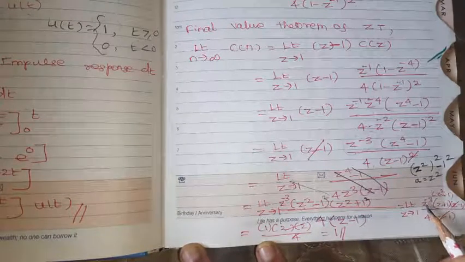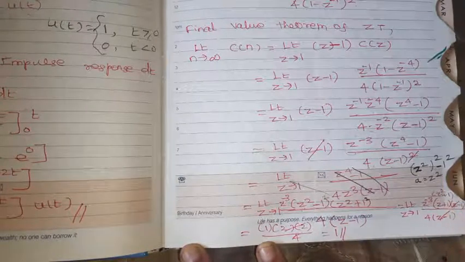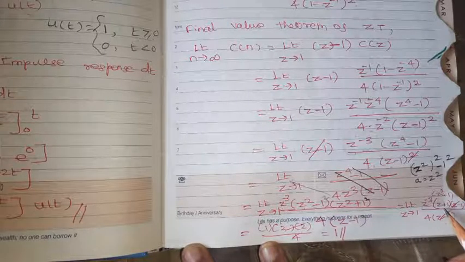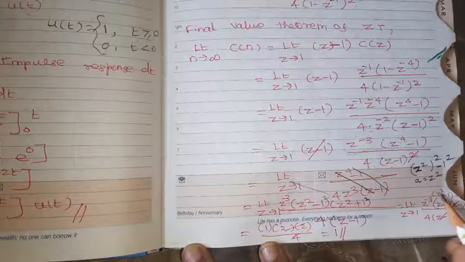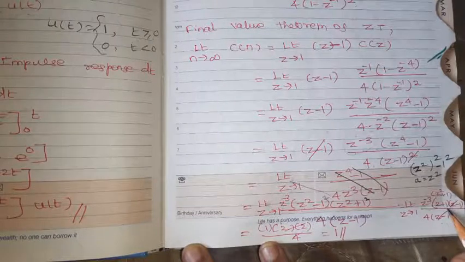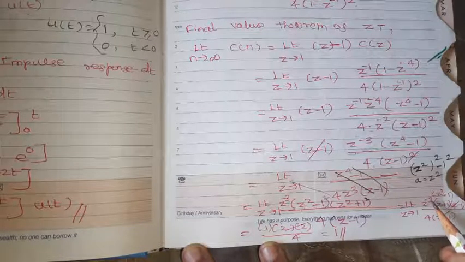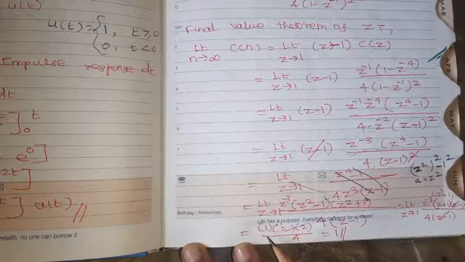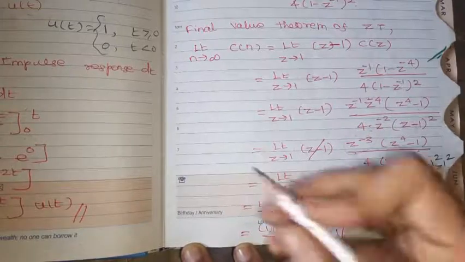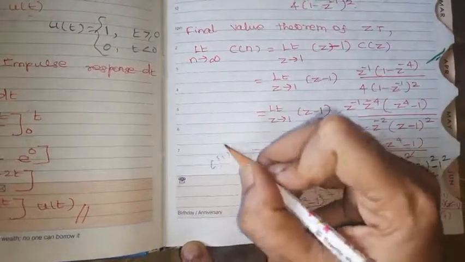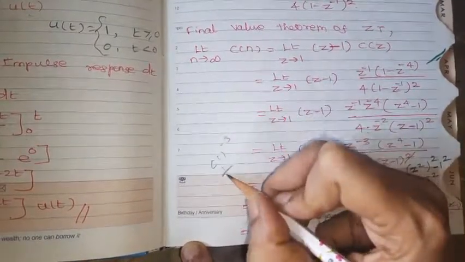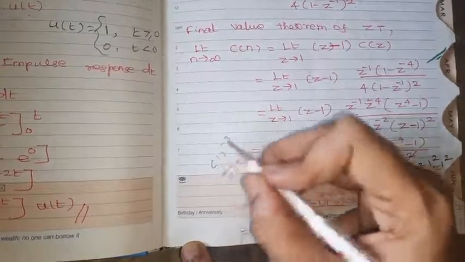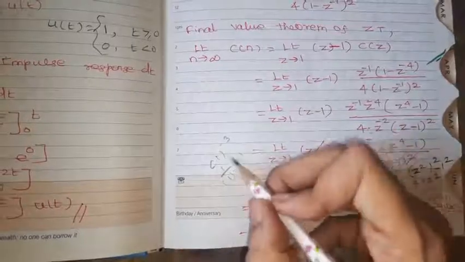So 1 plus 1 is 2, 1 plus 1 is 2. 1 power minus 3, anything 1 power anything we will get the same 1 only.